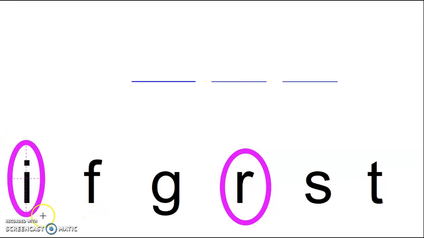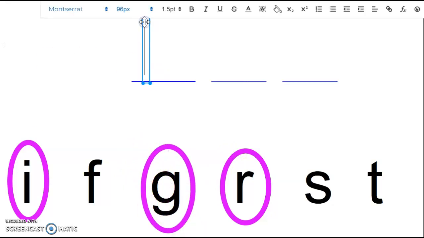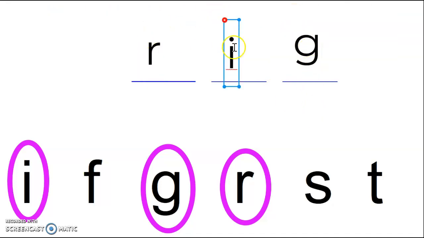Very good. Letter I makes the I sound. I hear the G sound at the end of rig. What letter makes the G sound? If you chose letter G, you are correct. Let's go ahead and write out our word, rig. R-I-G spells rig. Fantastic.